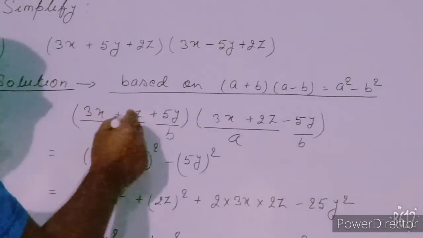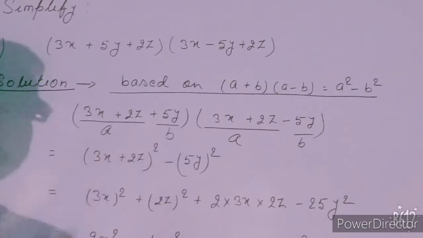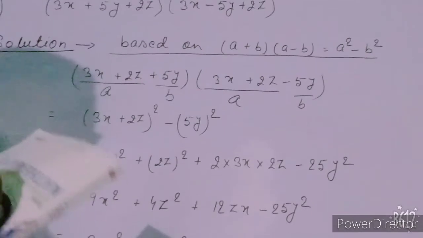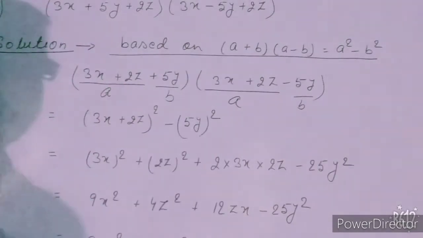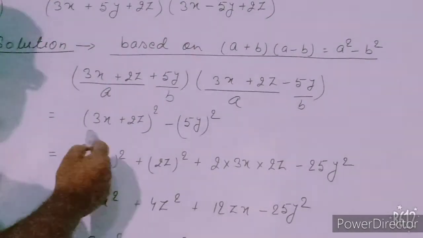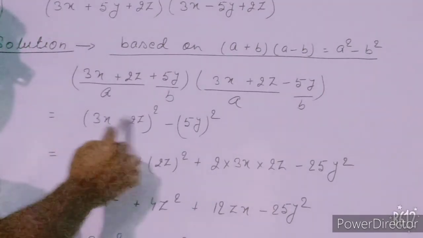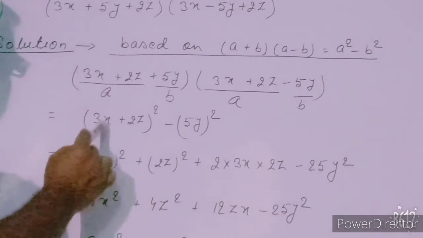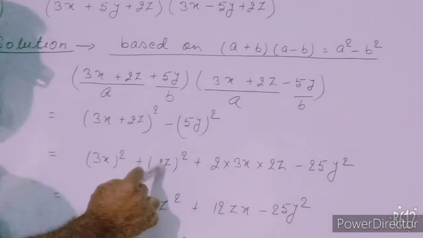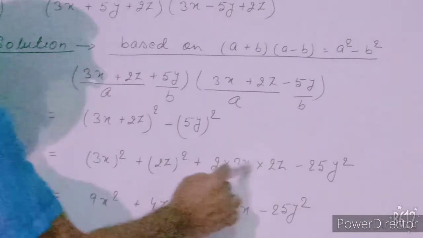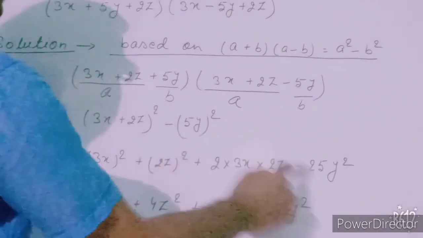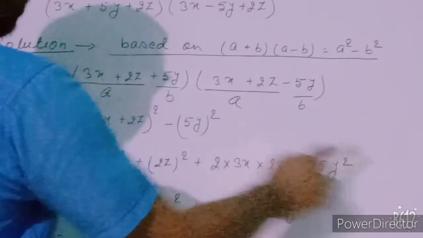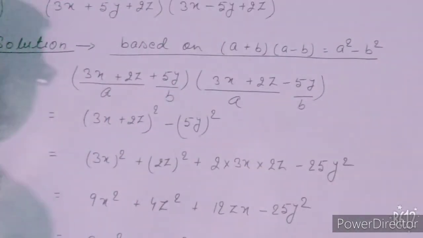A is 3x + 2z, so (3x + 2z) whole square, and b is 5y, so minus (5y) whole square. Now in this expression, these two are in the form of (a + b) whole square, so a² + b² + 2ab, minus 25y².